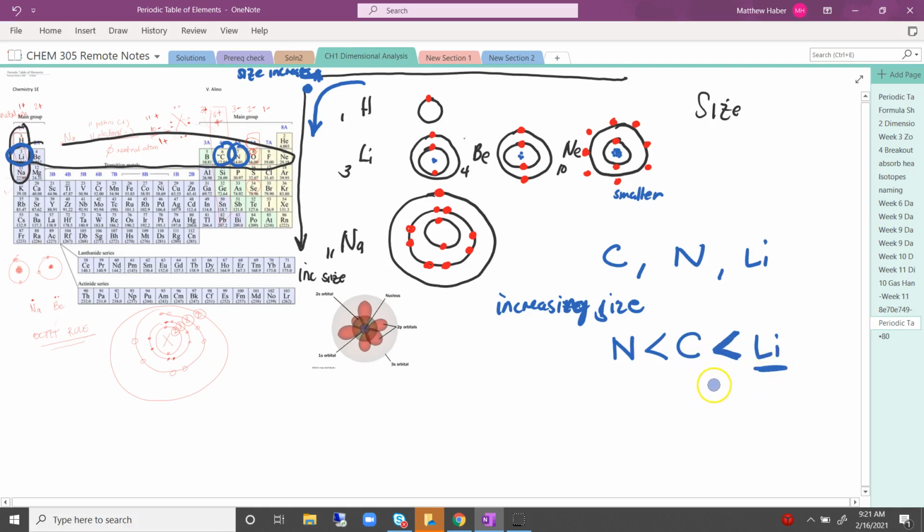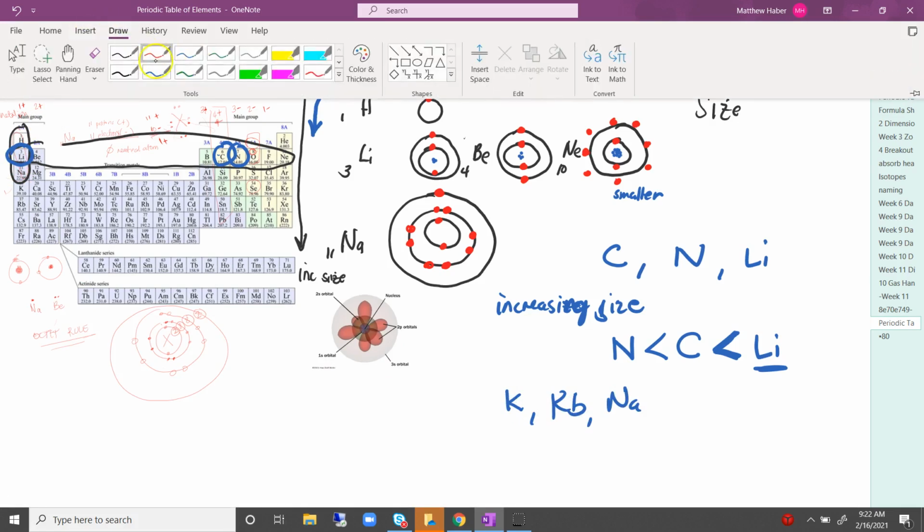All right. So if you're asked about elements across the periodic table or down the periodic table, say we have potassium, rubidium, versus sodium, and you're asked to arrange them according to size.